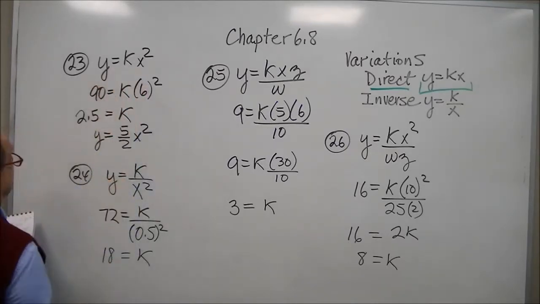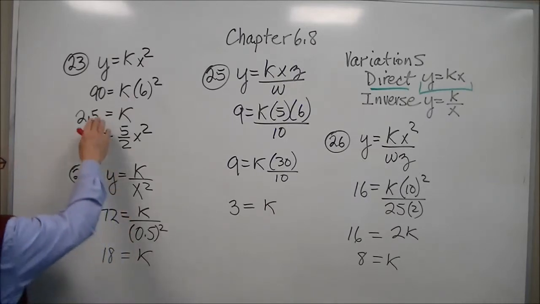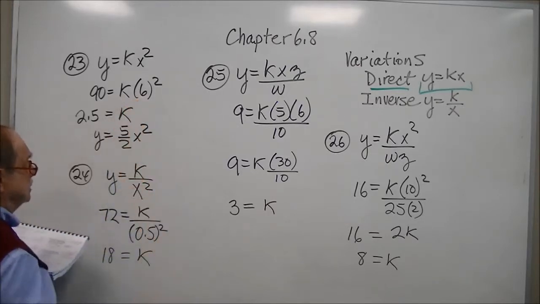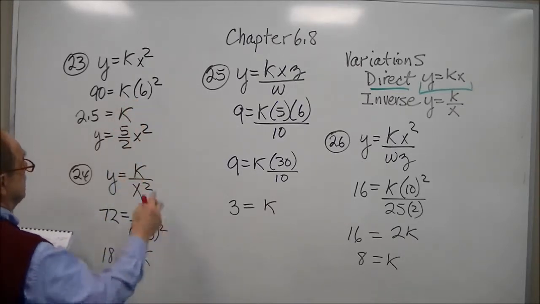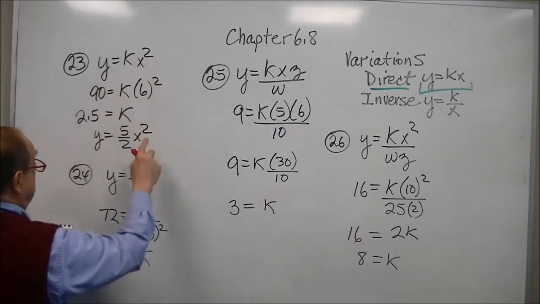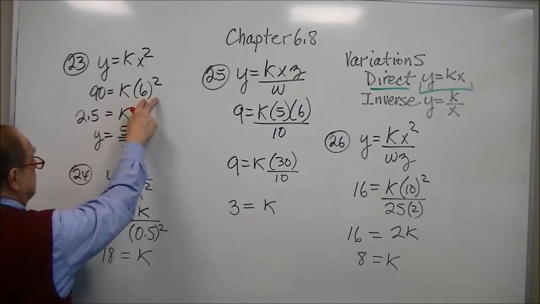So there's your basic formula. And then y is 90, x is 6. And where students often make an error, they'll think that 6 is x squared. No, you have to square the 6. So that becomes 36.